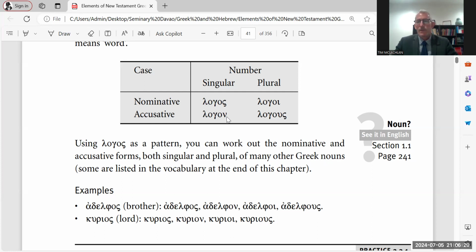If you say I saw the man, then it will be blepo ton anthropon. That would be the article with that. And then omicron upsilon sigma, us, that's the plural for the accusative. So remember, they become the objects of the verb. So I see the men now becomes blepo anthropous.